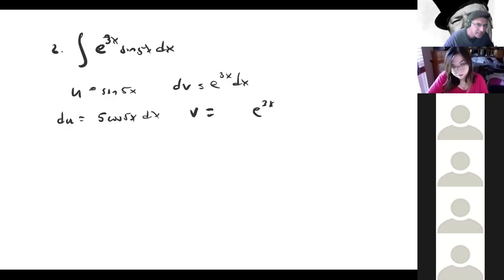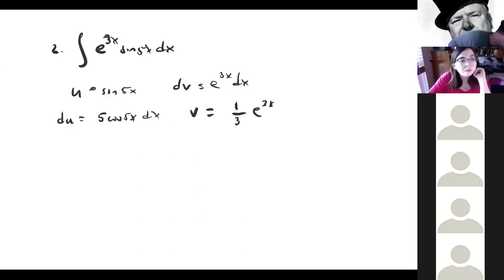We want to get just an e to the 3x. So if we rescale our guess for v by a third, then the derivative of 1/3 e to the 3x will be e to the 3x. So that's why the 1/3 is there. It's called a fudge factor, or just a fudge constant, if you like. Okay, so that's the setup.